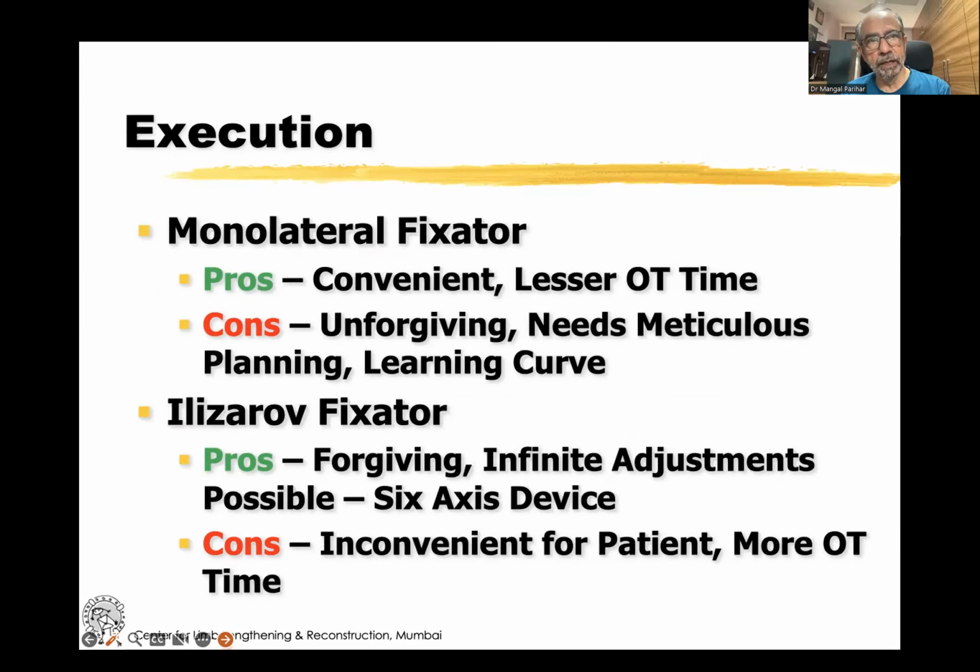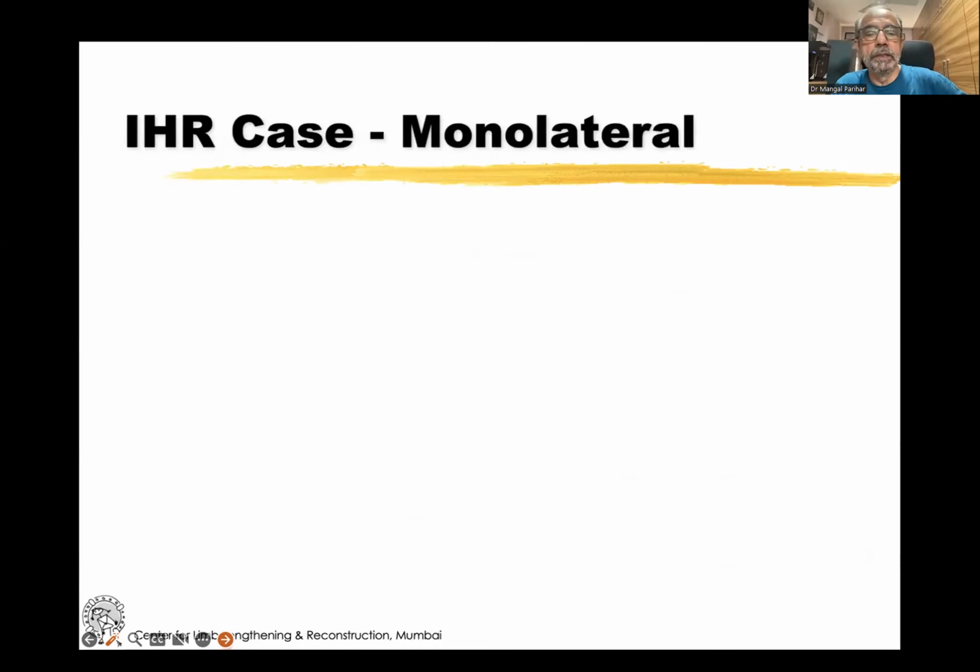And once you've done a few with the Ilizarov, then you get the hang of where the osteotomies should be and what the angles should be, and then I think it's not too difficult to plan it with the monolateral. But with the monolateral, if you don't plan it properly, then you can land up with trouble. And I'll show you both. I'll first show you how we do it now with the monolateral, and then I'll show you an Ilizarov case.